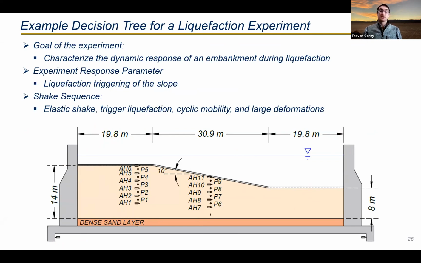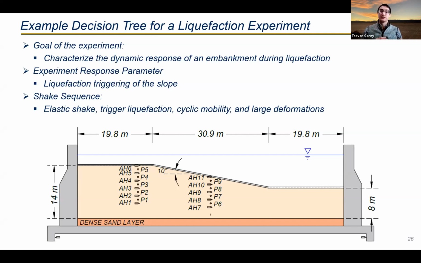The seismic sequence, again, this is phase testing, so looking at several different earthquake motions, was an elastic shake, a shake that just triggered liquefaction in the model, cyclic mobility, and large deformation. Cyclic mobility, for those who are not familiar with that, is additional cycles of acceleration or loading following the triggering of liquefaction. And large deformation means wanting to take that slope and make it completely flat like a pancake.